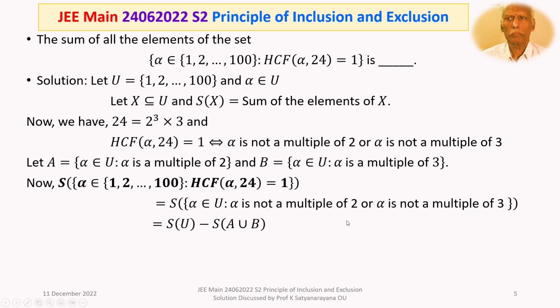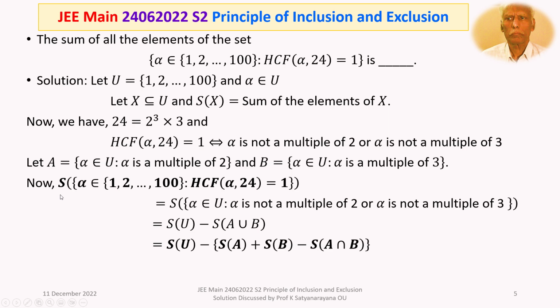Therefore, we subtract. And that will be equal to S of U minus S of A union B. S of A is the sum of the elements which are multiples of 2, S of B is the sum of the elements which are multiples of 3, minus S of A intersection B, the sum of all those elements which are multiples of both 2 and 3, that is 6.